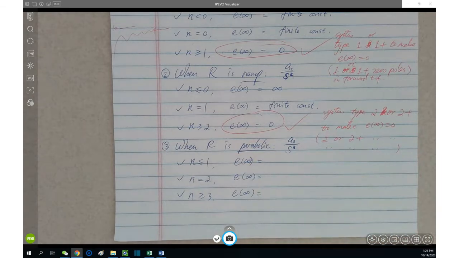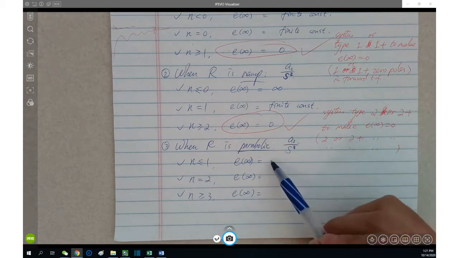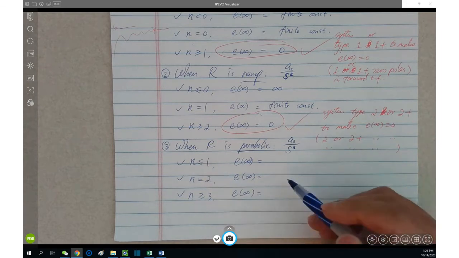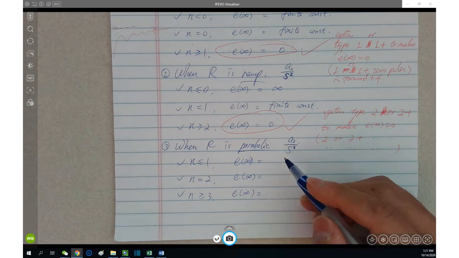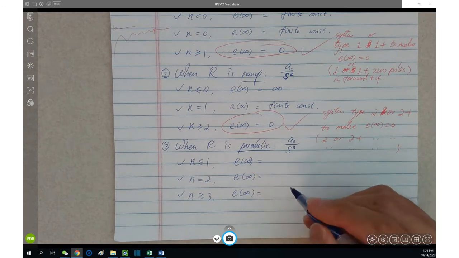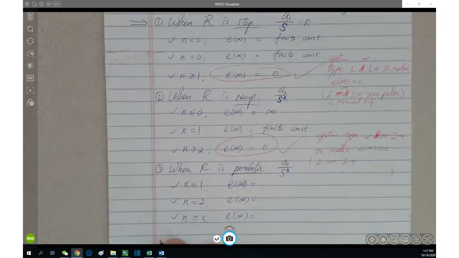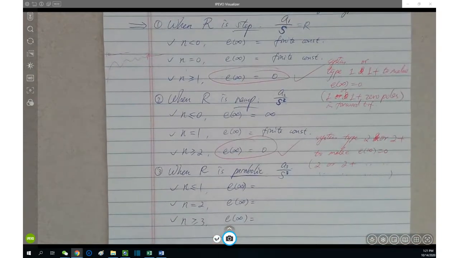Anyone have any guessing? If the system type is 1 or even less, to parabolic input, what is your steady state error? Can you see the pattern roughly? What's the pattern roughly?